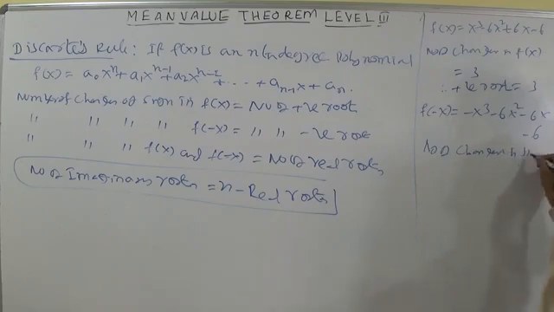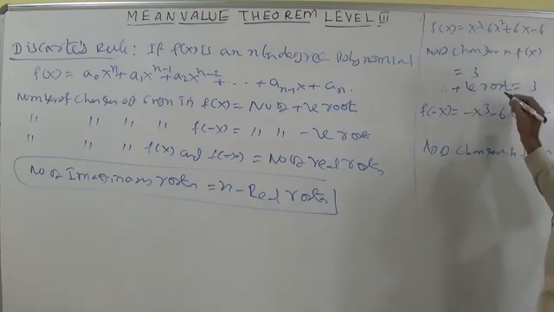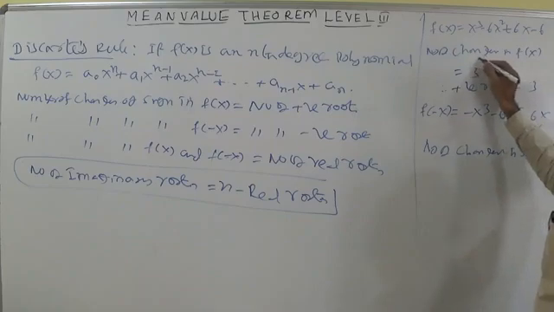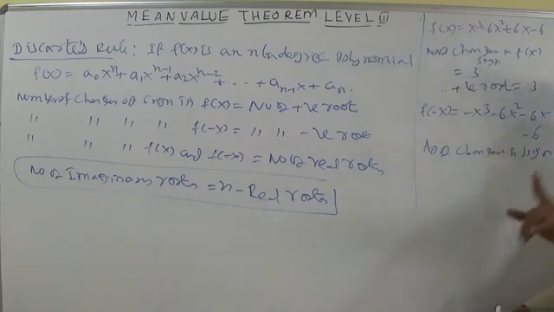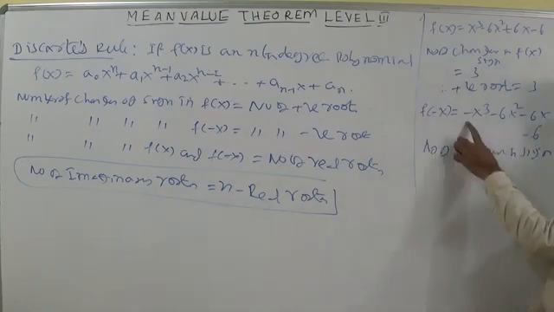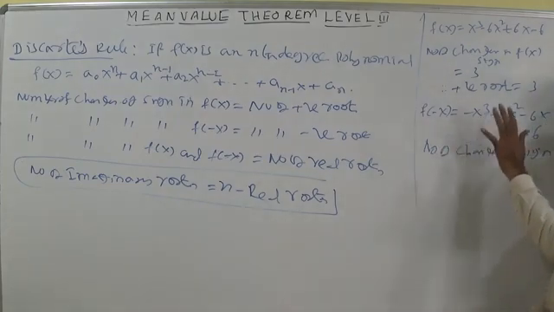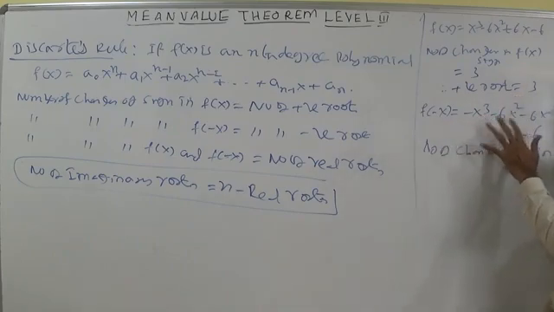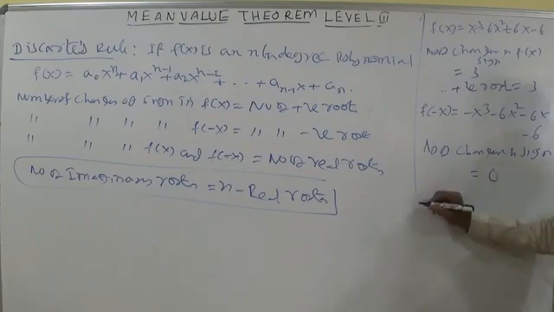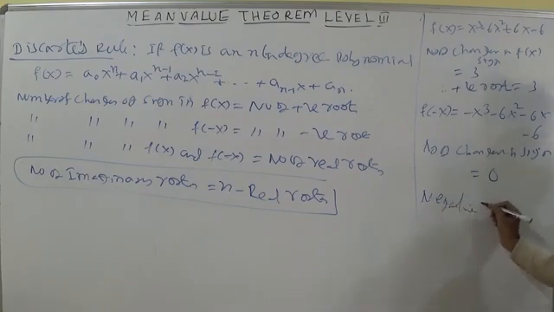Plus becomes minus, it is a change. Minus becomes plus, it is a change. Minus to minus is not a change, it simply stays minus. So there is no change. Again minus, no change. Therefore the number of changes is equal to 0, so the number of negative roots is equal to 0.